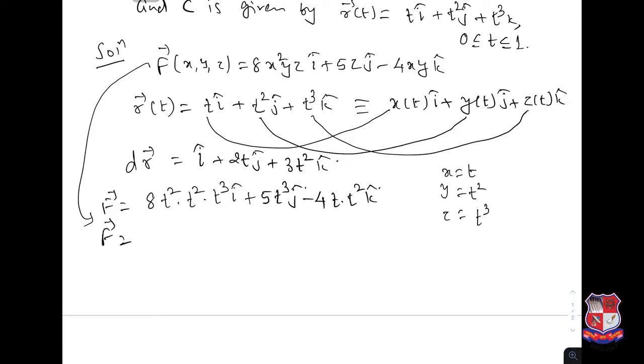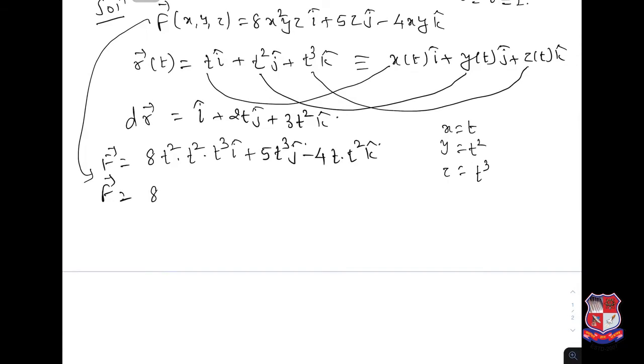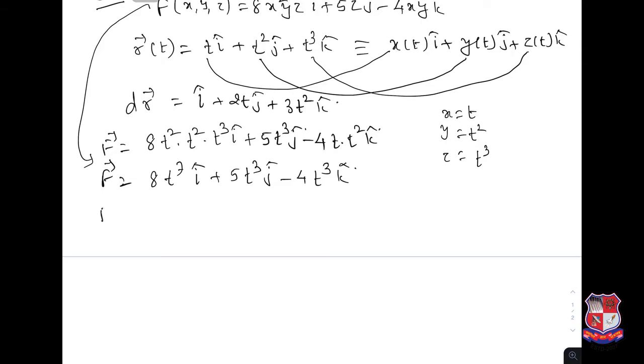So f equals 8 t power 7 i plus 5 t cube j minus 4 t cube k. Now what is f dot dr?